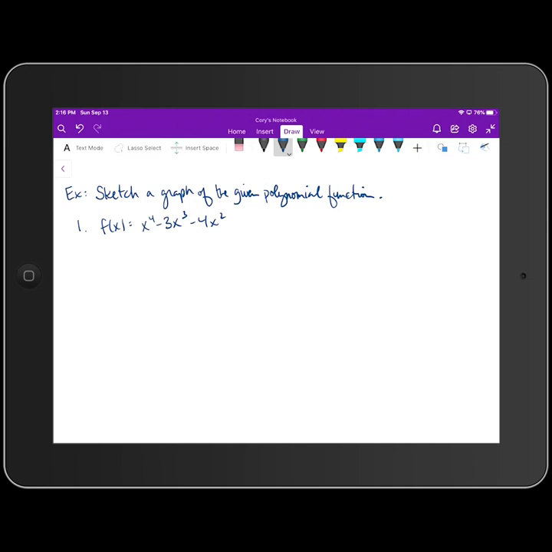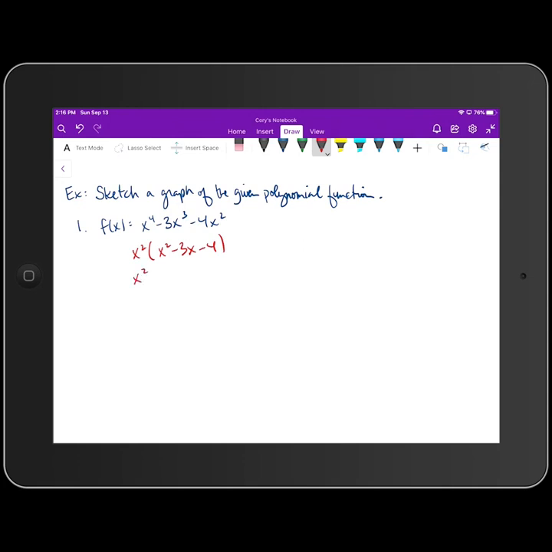So what we want to do is attempt to factor our polynomial here. And when we look at this polynomial, we should see that it's factorable. We can factor an x squared out at the start, which leaves us with x squared minus 3x minus 4.